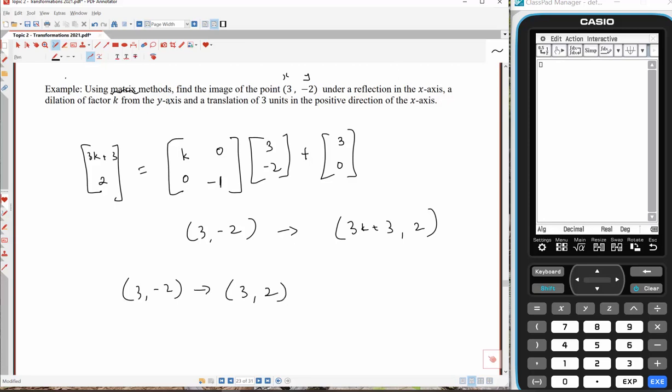Dilation factor k from the y-axis: dilations from y change x by the factor mentioned, so 3k comma 2. And a translation 3 units in the positive direction of the x-axis is simply 3k plus 3 comma 2. Okay, so there it is via the mapping.